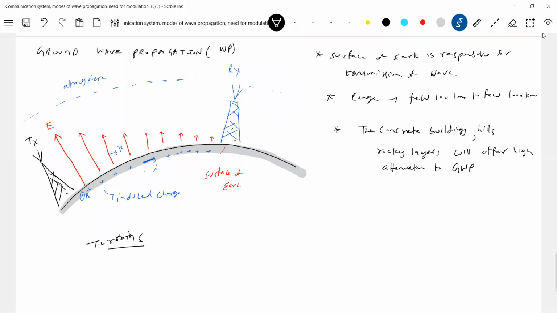If a signal passes through, suppose, Hyderabad city, definitely the signal amplitude will decrease a lot, because in cities and towns we have concrete buildings, they offer high resistance to the propagation of the wave. Because of that, the energy of the wave will decrease. So they offer high attenuation, the decrease in amplitude.